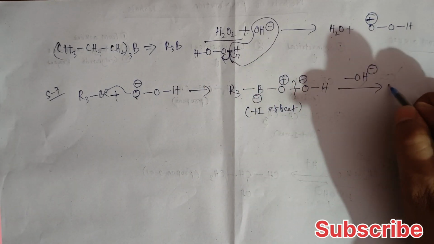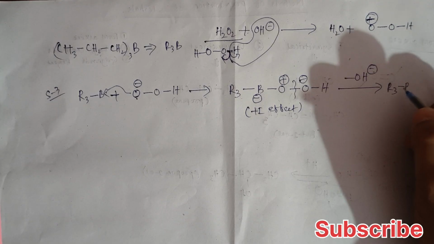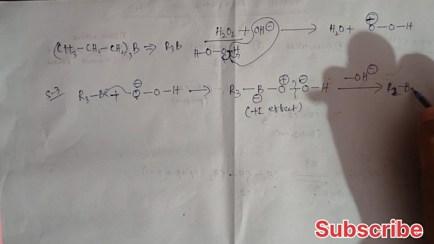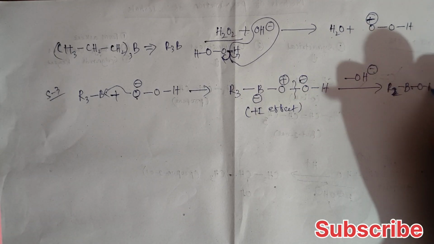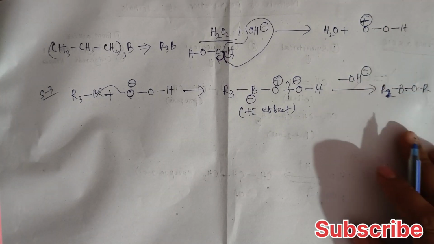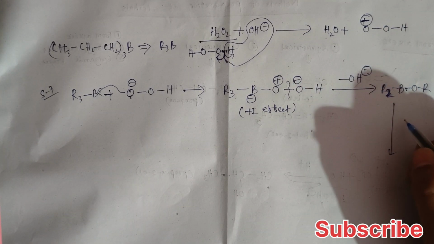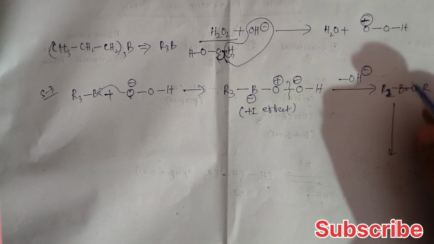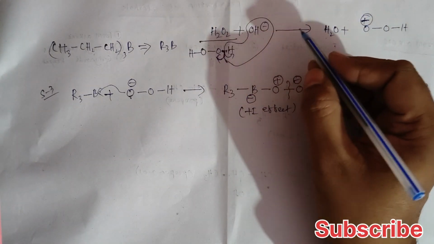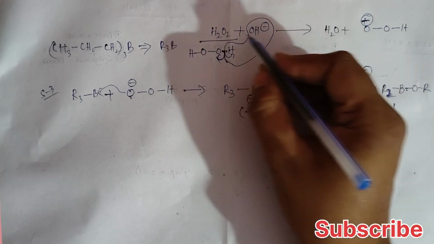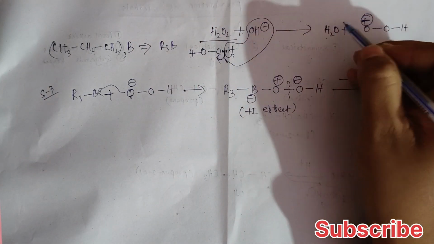Coming to this side, we will get R2B-OR. We'll get a product like this, R2BOR. Again in this R2BOR, another OH, how many OH are actually obtained? 3 H2O2 will be taken here, so 3 OH will be taken.